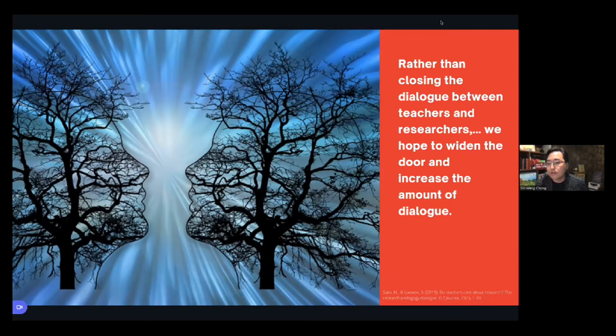And here, Sato and Loewen actually said that they, as researchers, hope to widen the door and increase the amount of dialogue with practitioners. And I think that today's event verifies that the research community is very, very eager to engage in more conversations with people within academia, of course, about open scholarship, but possibly involving stakeholders outside of academia as well.